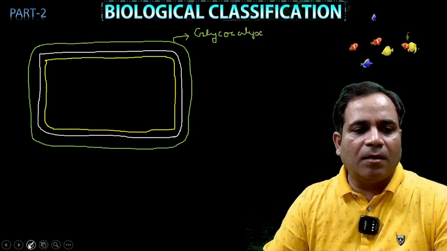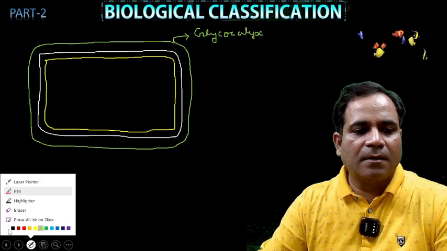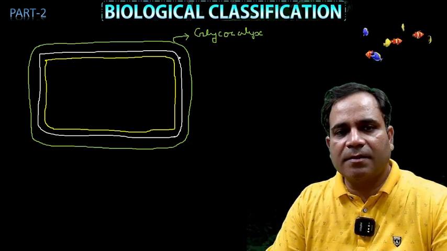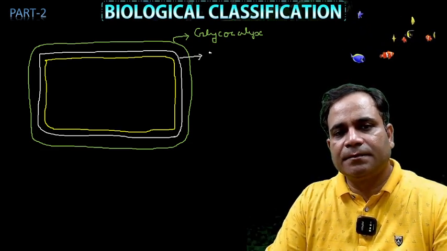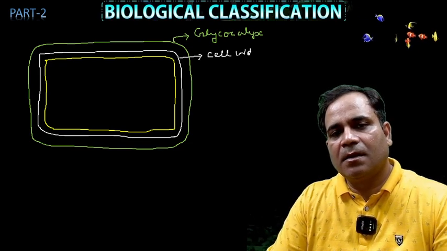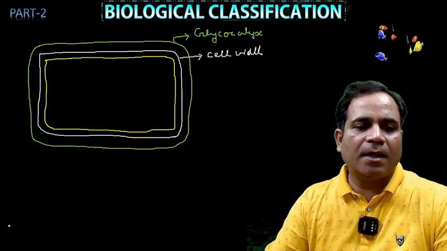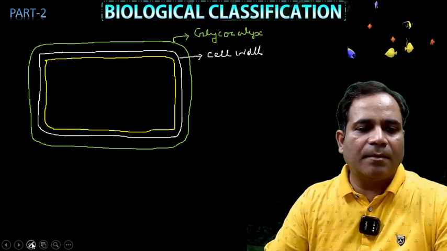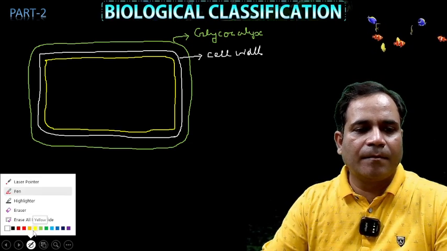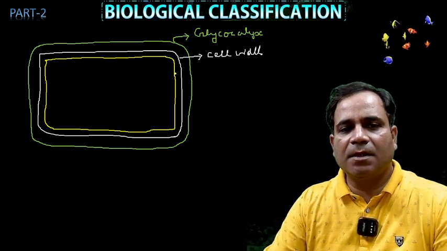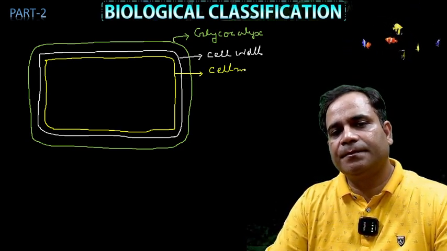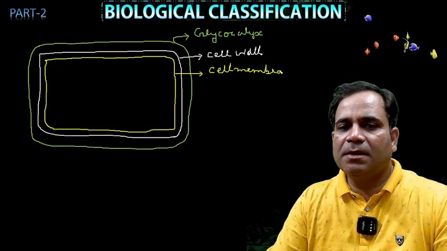After the glycocalyx comes the cell wall. And now the inner membrane is called the cell membrane.